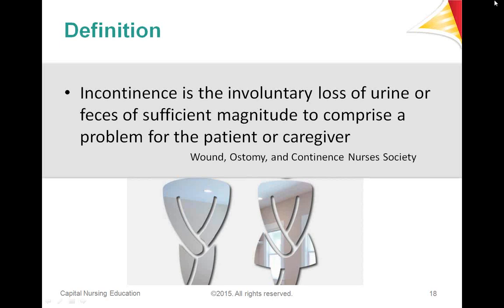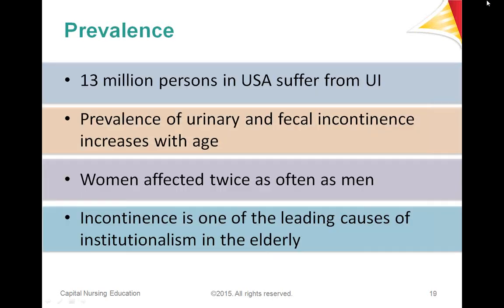So I think that we need to have a level of compassion and empathy when dealing with patients with incontinence, and to really be aware that to a woman in her 50s who is the CEO of a company, a slight leakage on her pad every day might be a huge issue to her, and we might not consider that such a large issue. So it really does look at what the patient defines as a problem.